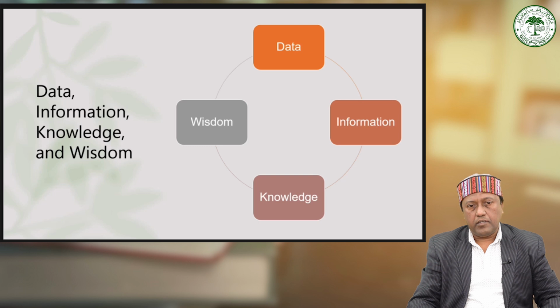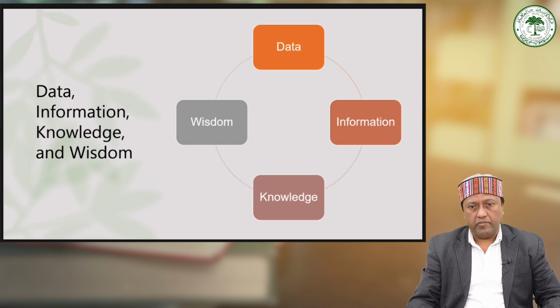So to understand the concept of knowledge management, we have to understand the difference between the data, information, knowledge, and wisdom. So basically, this is also known as DIKW pyramid, and this basically stands for D for data, I for information, K for knowledge, and W for wisdom.